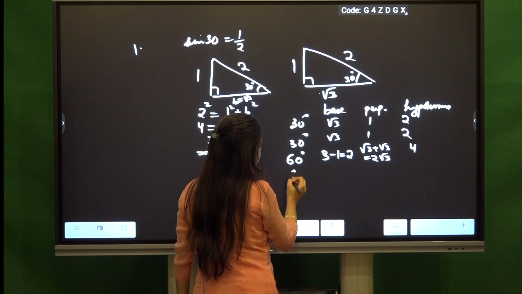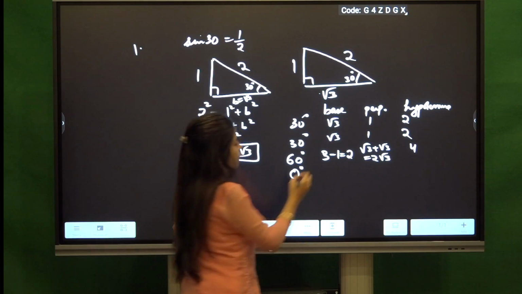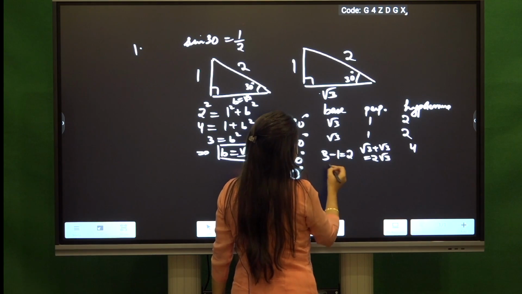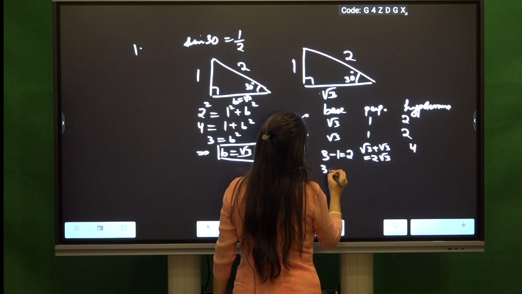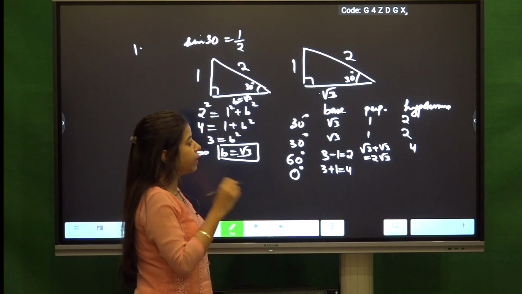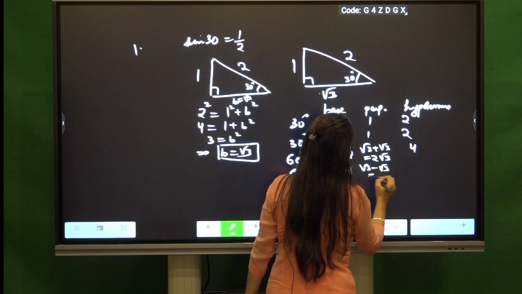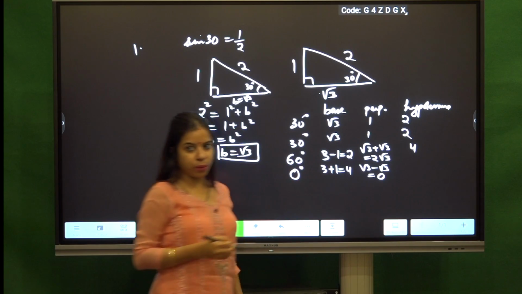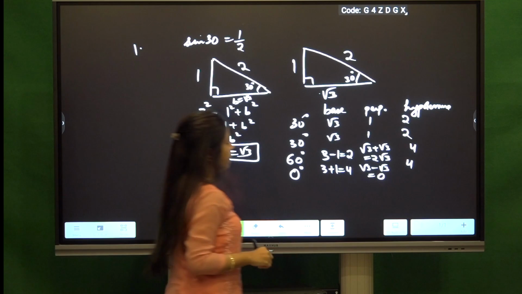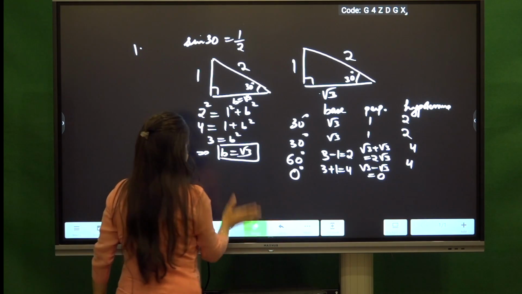For finding the difference, that is 30 minus 30, which is 0 degree, this will be root 3 into root 3 plus 1, so 3 plus 1, 4. For perpendicular, it will be root 3 minus root 3, which is 0, and for the hypotenuse we just take the product. So this is 4 again. Now let me write all the trigonometric ratios.